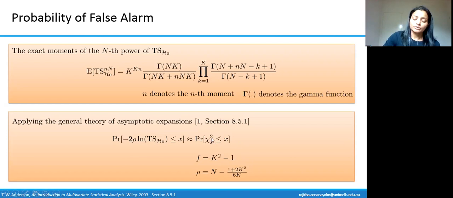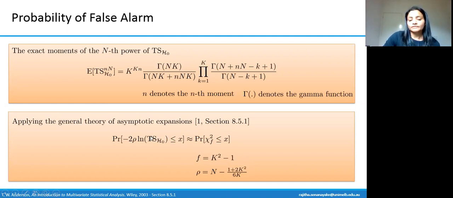The exact CDF has several higher order chi-squared terms, but we ignored the higher order terms and approximated this CDF by this probability, where this is a chi-squared random variable with f degrees of freedom, and f is given by this constant.